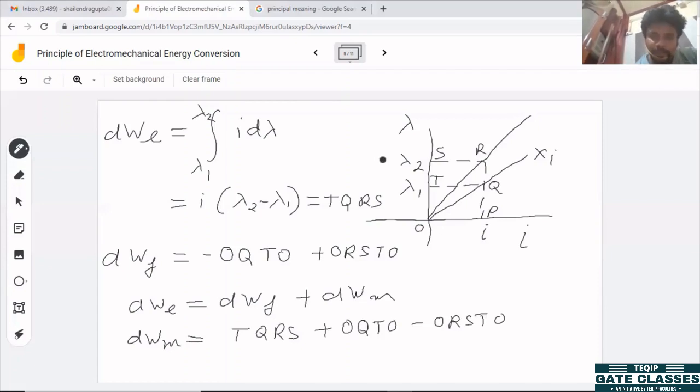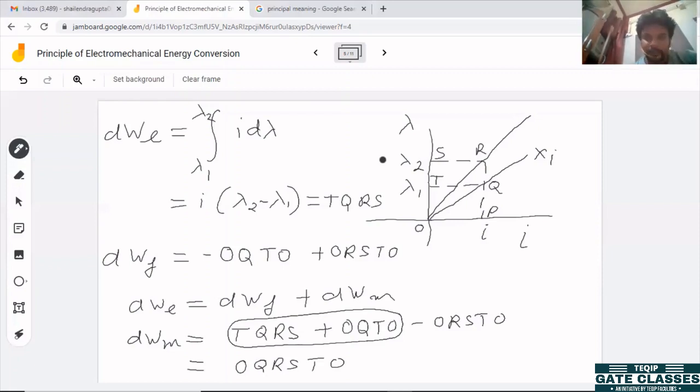Just see this whole area, it is OQRSTO. When you subtract ORSTO, it will be just OQRO.